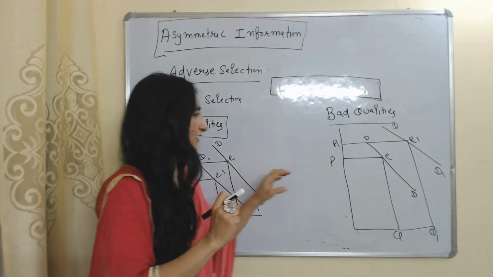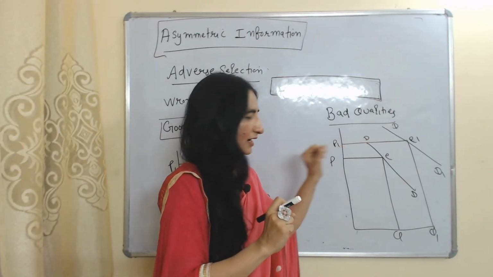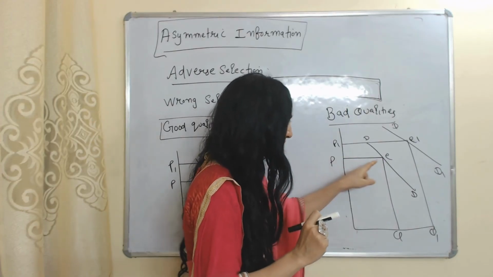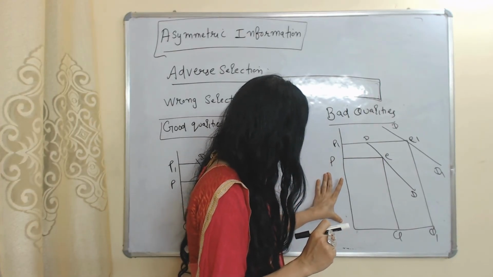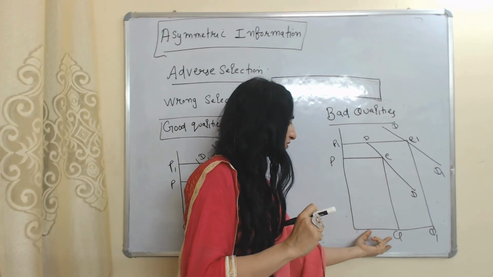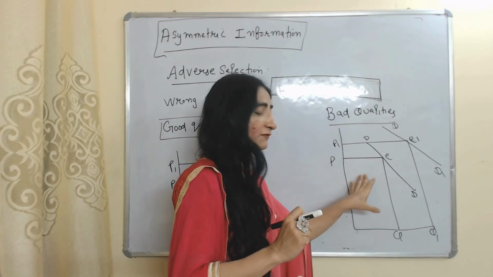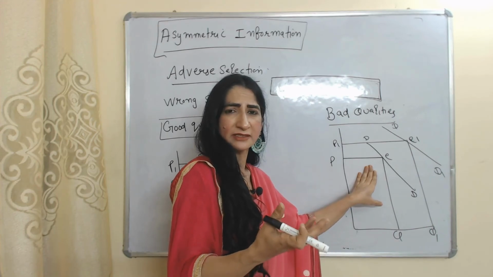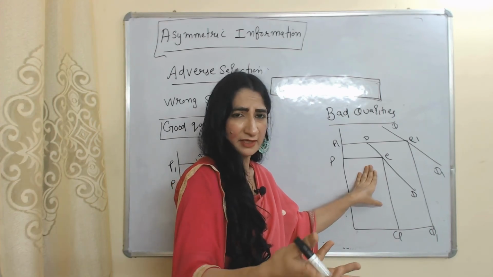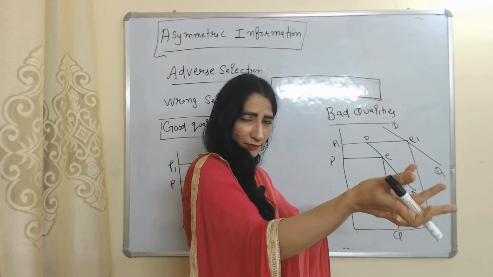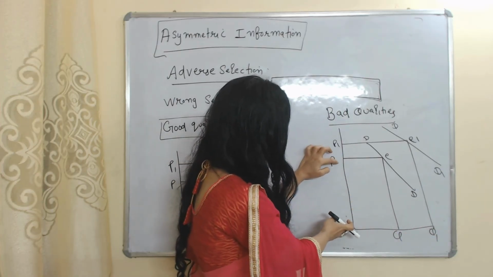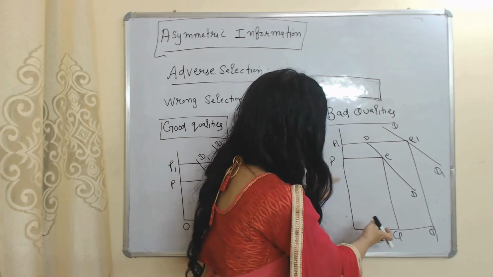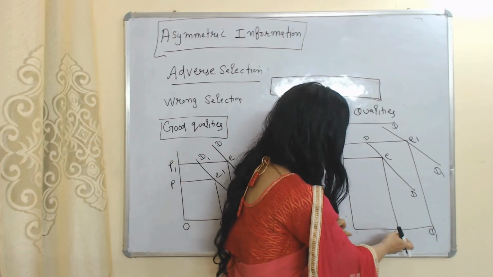On the other hand, for bad quality cars, the initial equilibrium point is E, the initial price is OP and the initial quantity is OQ. Because of lack of information, consumers perceive bad quality cars as good quality cars, so they want to buy them. Obviously, the price will increase from OP to OP1 and the quantity increases from OQ to OQ1.